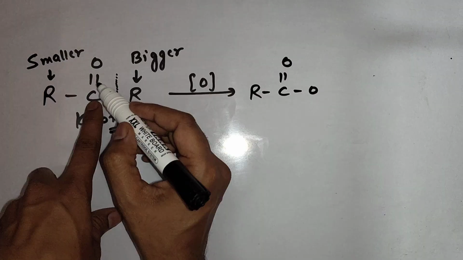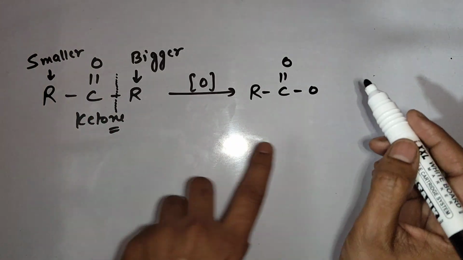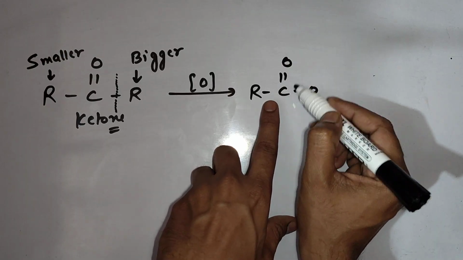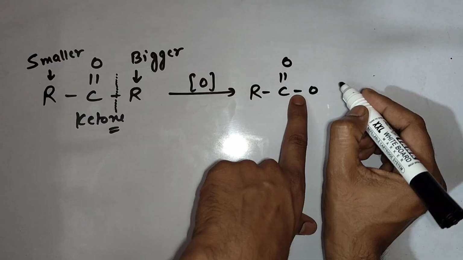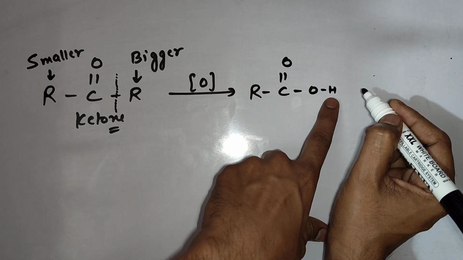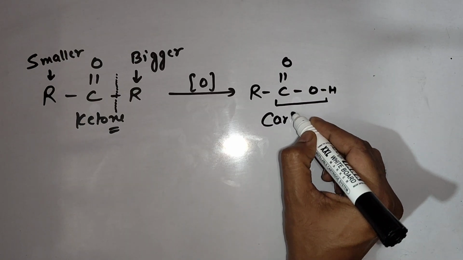Like this. Already it is making 2 bonds. Third bond it will make with oxygen. Now you can check this carbon, its valencies are satisfied. Only this oxygen's valency is not satisfied. It is making a single bond. The second valency will be satisfied by hydrogen. So which functional group did we get? Please check. Carboxylic acid.